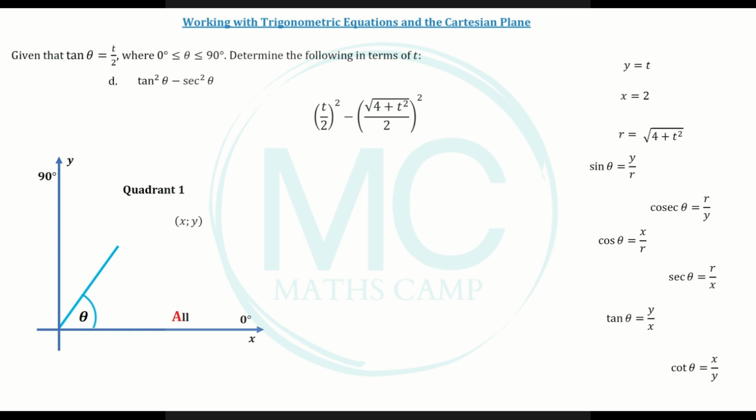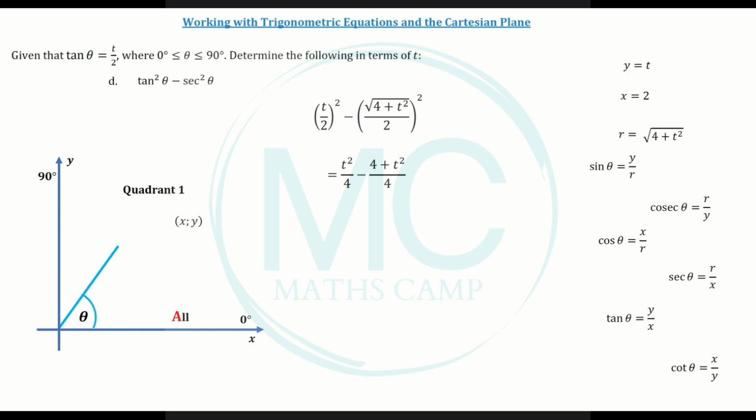And now we can simplify. And we get t squared over 2 squared, which is 4, minus, in the numerator of our second fraction, we have a square root, and the root and the exponent will cancel out, and we're left with 4 plus t squared all over 2 squared, which is 4.